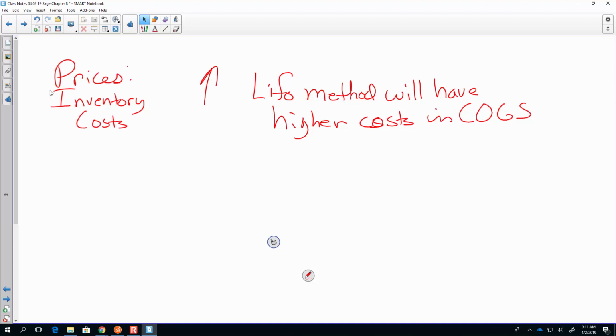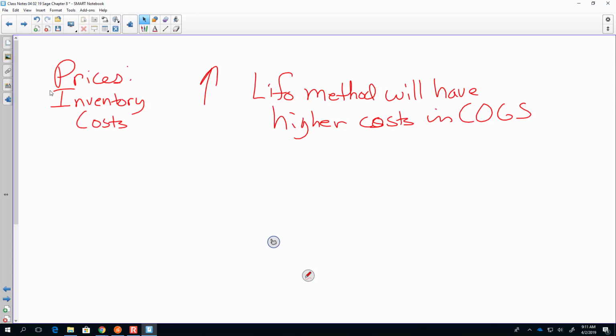Remember, our tax gain is to make the lowest profit. So if prices are going up, obviously those costs are coming out first. So our cost of goods sold are affected with a higher number. Obviously, the opposite is true. If prices are going down, then FIFO would give you the higher amount.